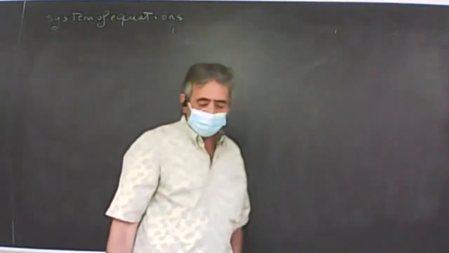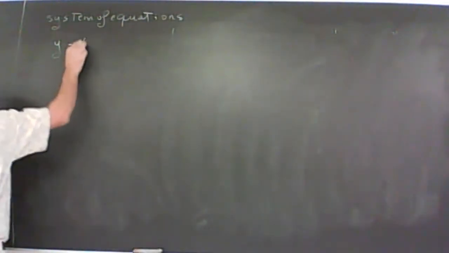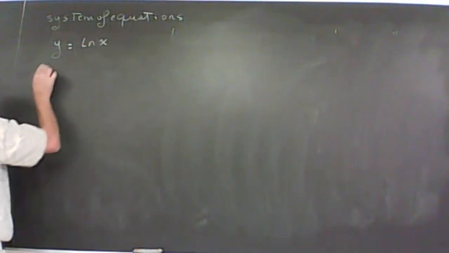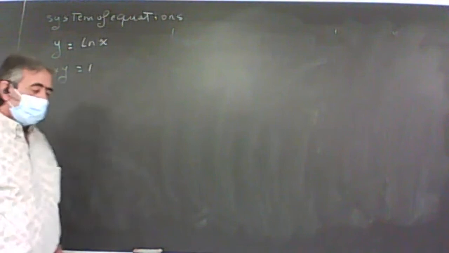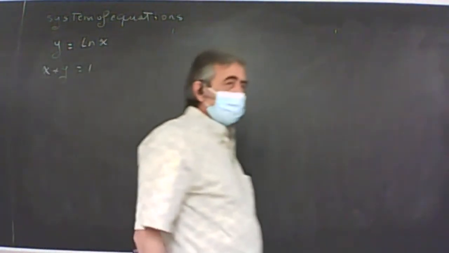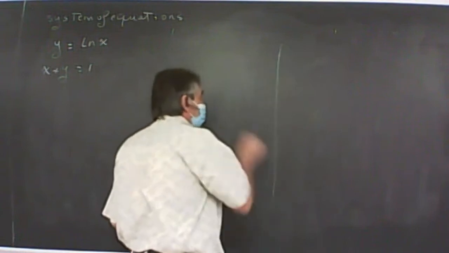So let's take a look at, say for instance, y equals ln of x and then x plus y equals 1 to see if we can solve the system by graphing. To do that, we just graph both equations.